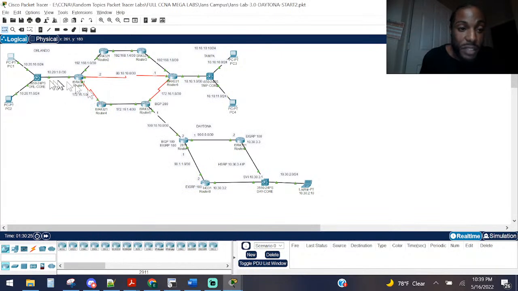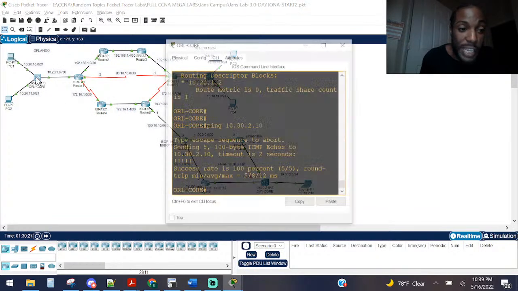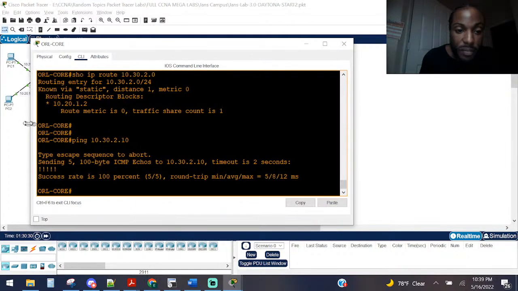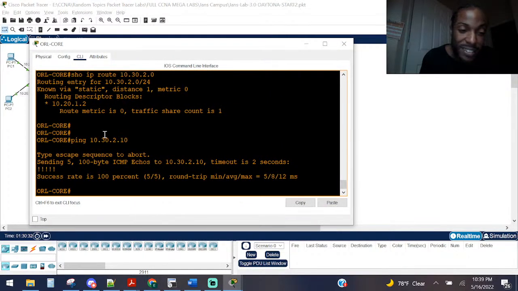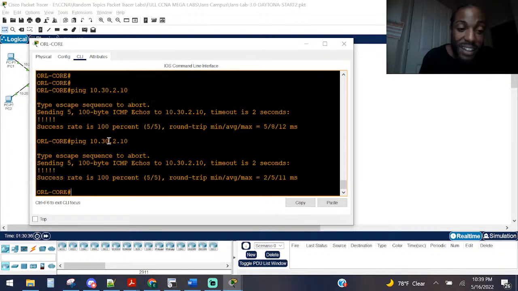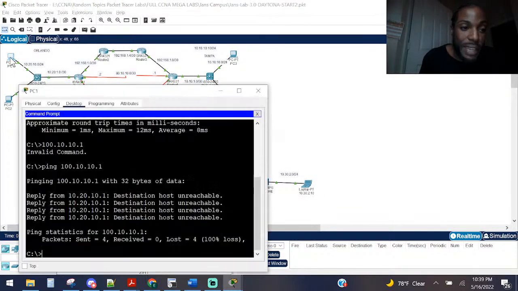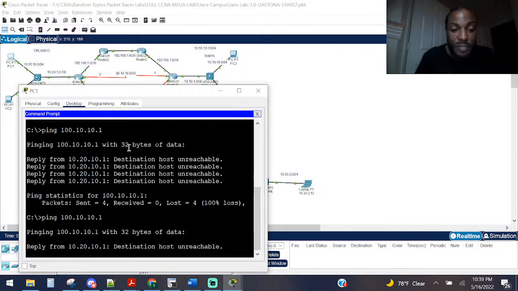The core can ping the laptop. That's really weird. How can the core ping the laptop, but the switch back here can't? I mean, the PC can't. That's weird.